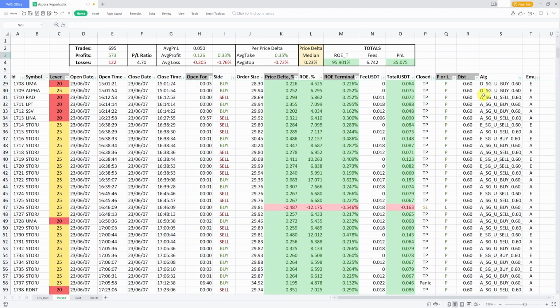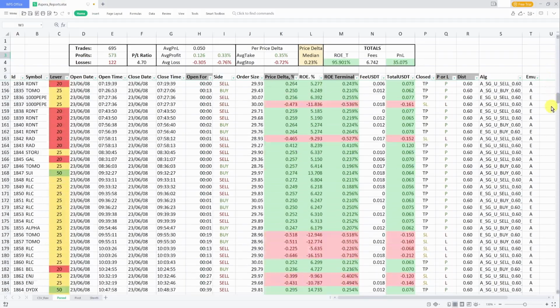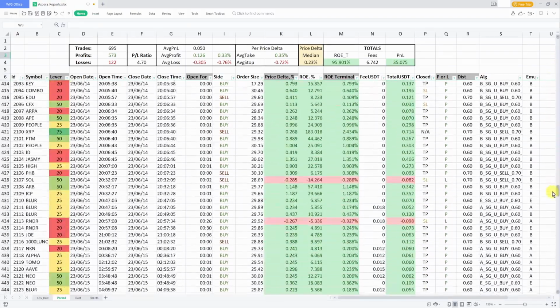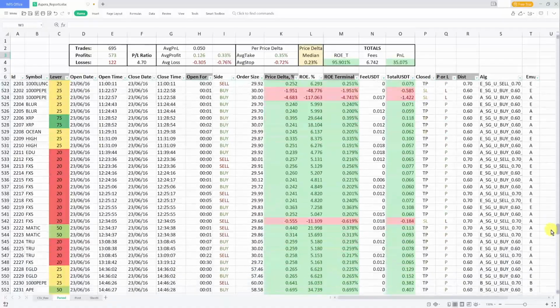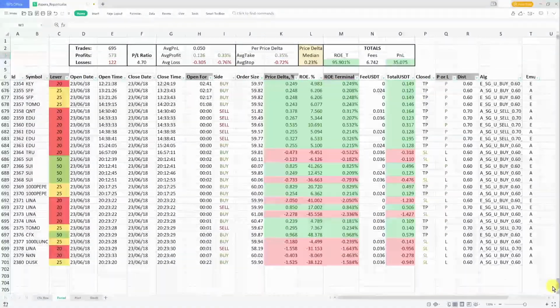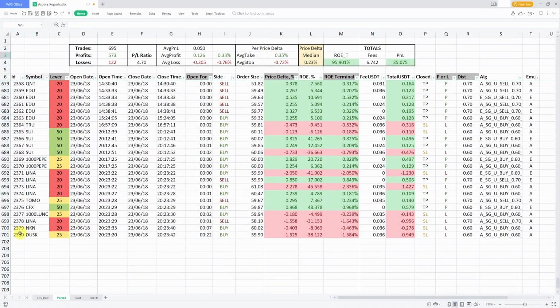So using logic, as well as trial and error, I was able to figure out the formula for the ROE that we have at the bottom of the terminal. If we go back to our transaction here, I have an ROE terminal column, and this is where I have minus 1.584, exactly as in the terminal.